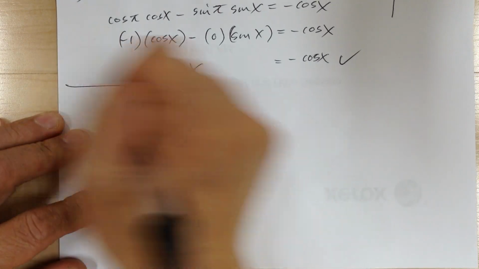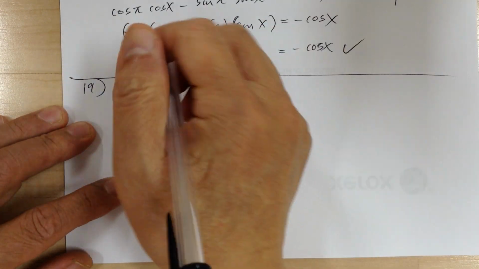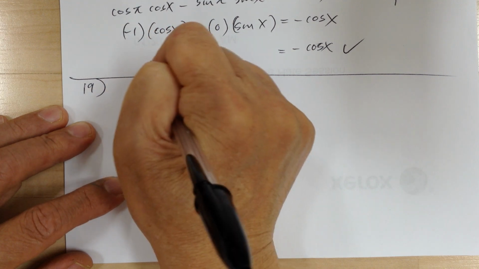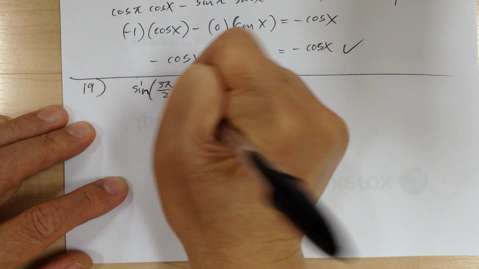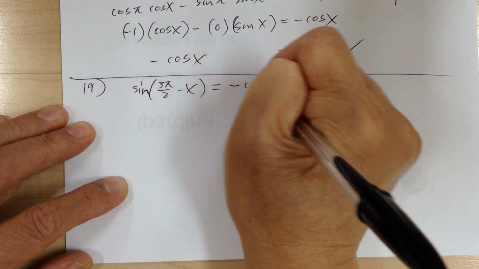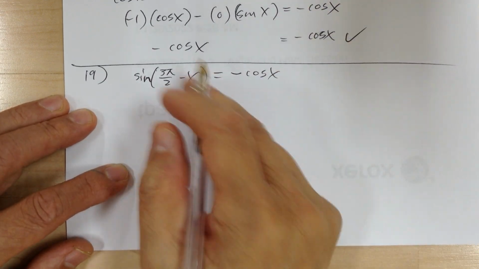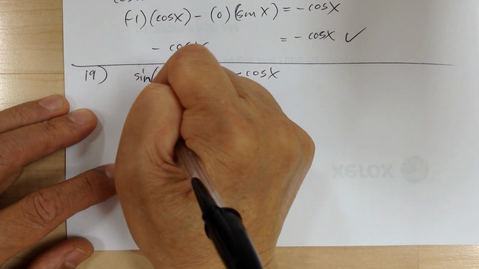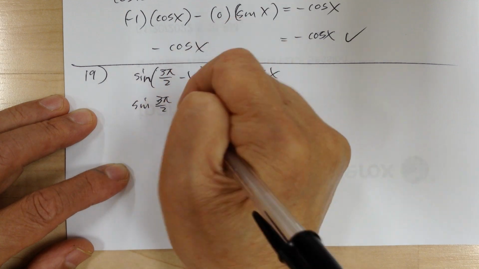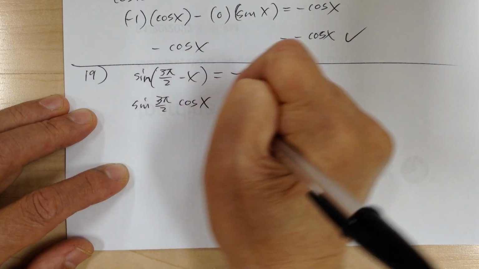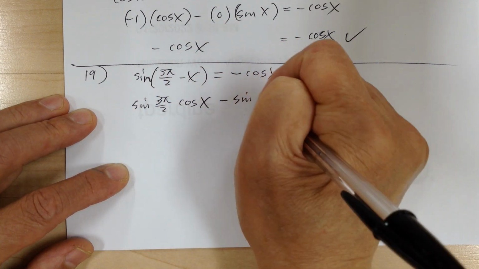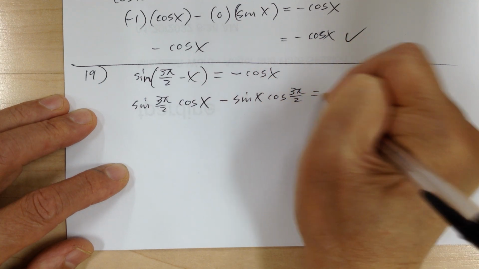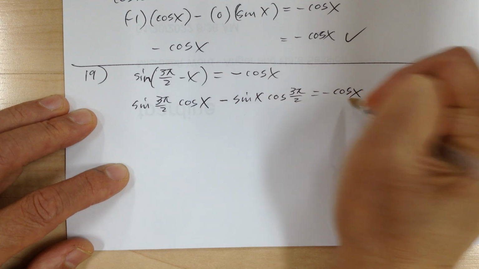Okay, let's go to the next one. You've got sine of 3 pi over 2 minus x equal to negative cosine x. Just like before, you have to expand that, so you're going to get sine 3 pi over 2 cosine x minus sine x cosine of 3 pi over 2 equal to negative cosine x.